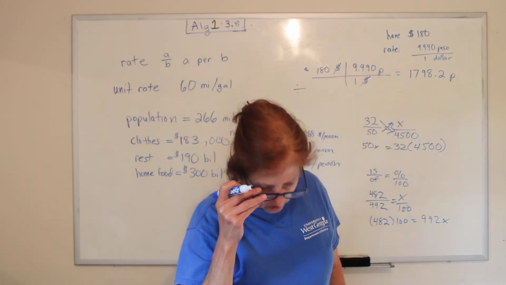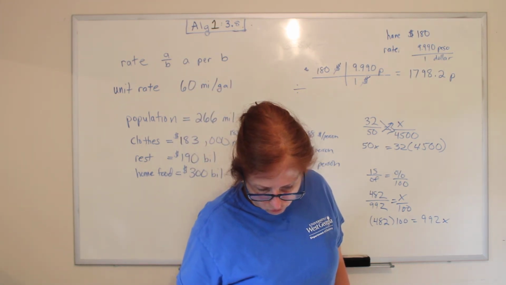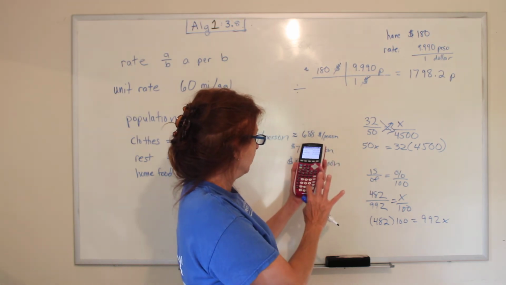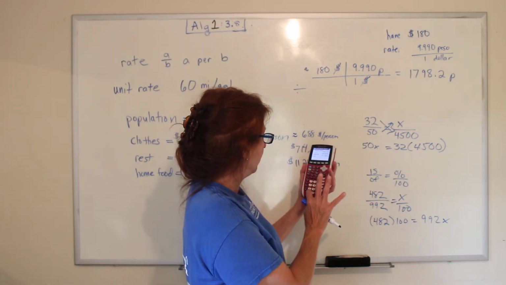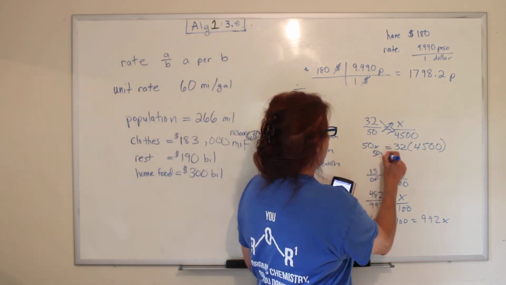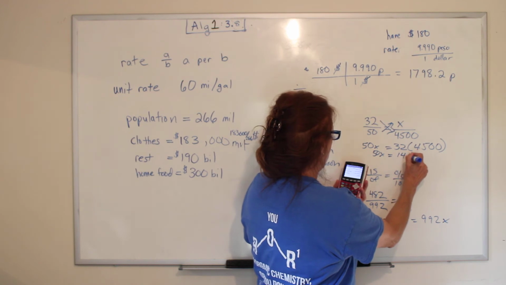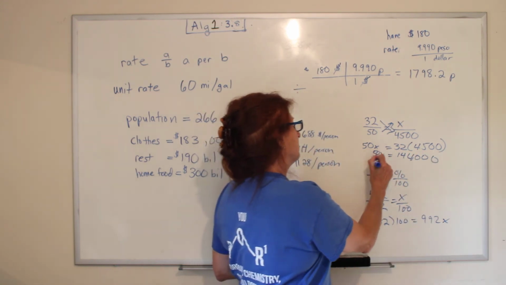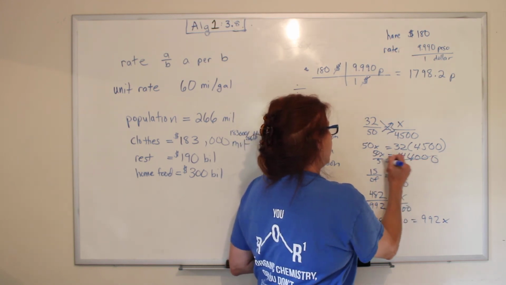So I'm going to have to do it on my calculator, they didn't do it for me. I do 32 times 4,500 equals, so 50x equals 144,000. Why is x not alone? We multiply by 50.